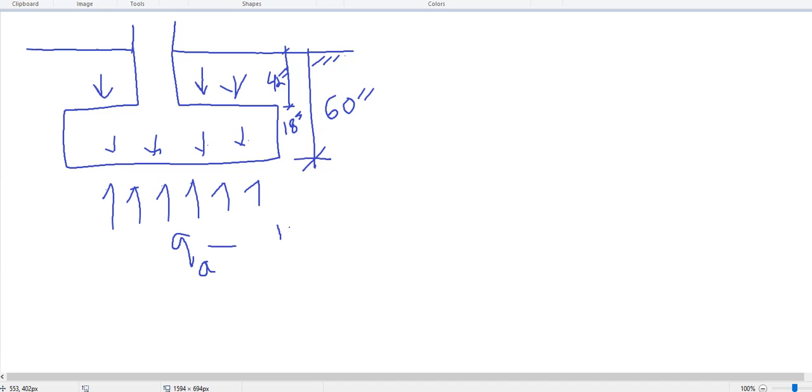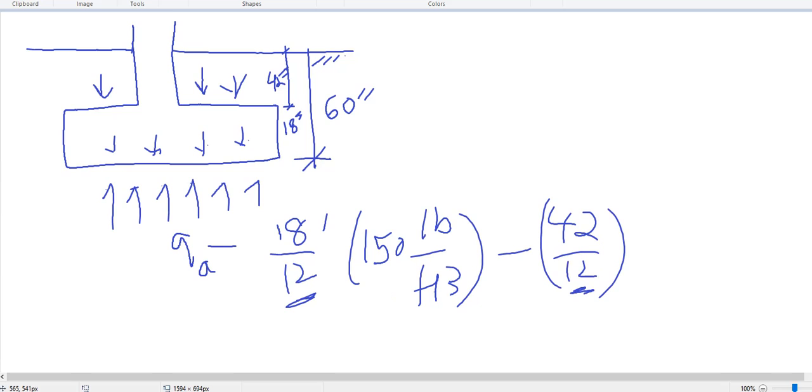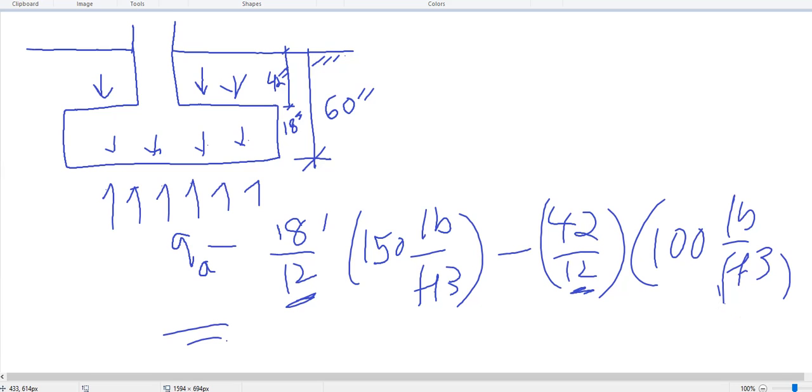That means if I write here, 18 divided by 12 feet, and unit weight of concrete is 150 pound per cubic feet, minus 42 inch of soil. This 12 will take care of inch to feet. Then soil weight, say 100 pound per cubic feet. That will give me the effective soil pressure.